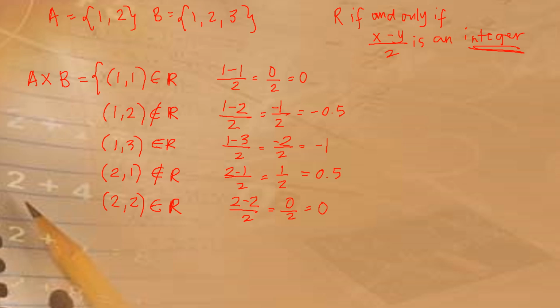Next, we have 2, 3. So we have 2 minus 3 over 2. This is negative 1 over 2, therefore negative 0.5. This is not a relation.